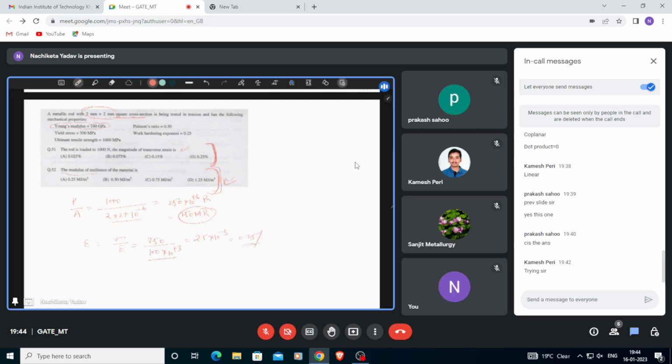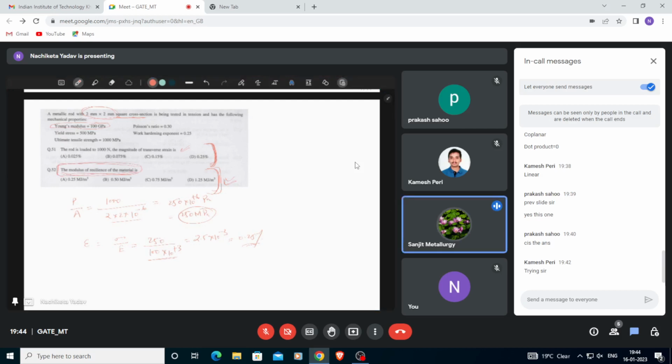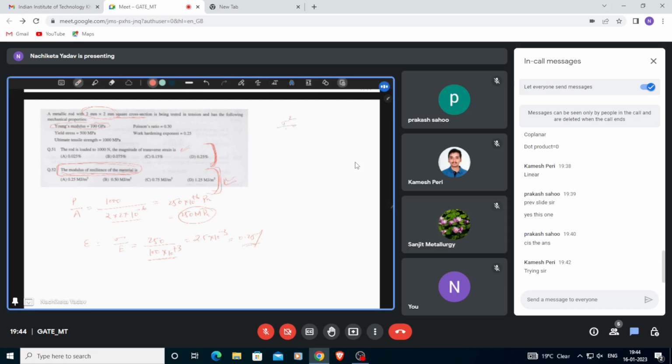What is the modulus of resilience? How will we calculate? Anyone? Sigma square divided by 2E. So how will you calculate? Can you try?